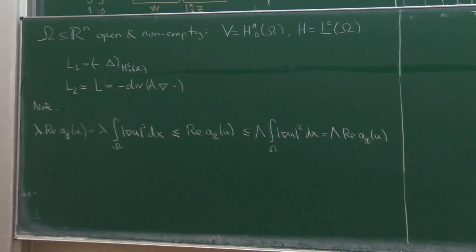So it says that for this bunch of operators, the assumptions of Kato's result are satisfied because these are sectorial forms and I can compare the real parts of the quadratic forms.